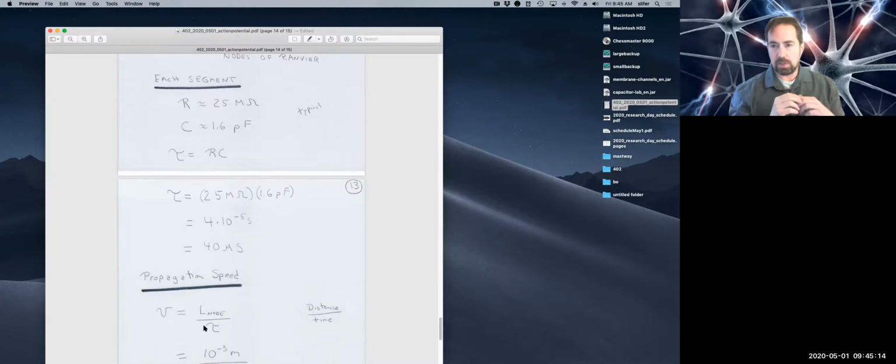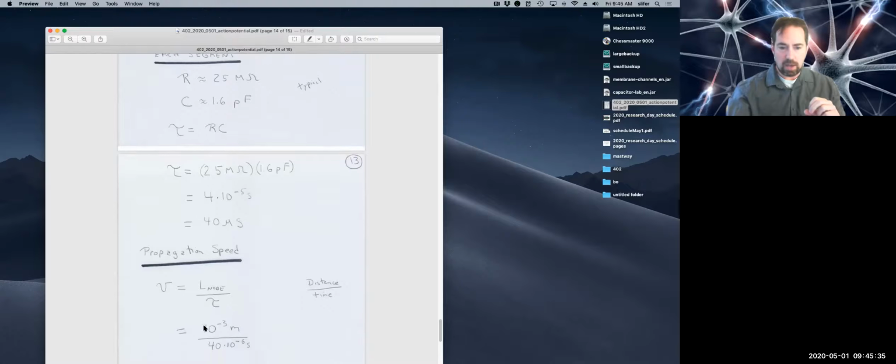There's nothing magical about this number. You guys saw that this time constant is talking about the typical time of exponential decay or exponential growth in one of these RC circuits. So it's not an exact number, but it gets you in the ballpark of how long it takes for this system to respond.